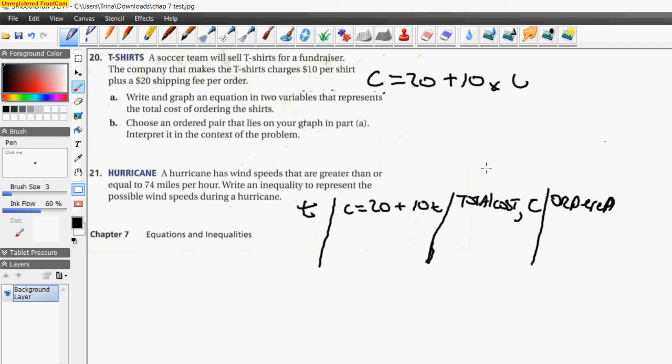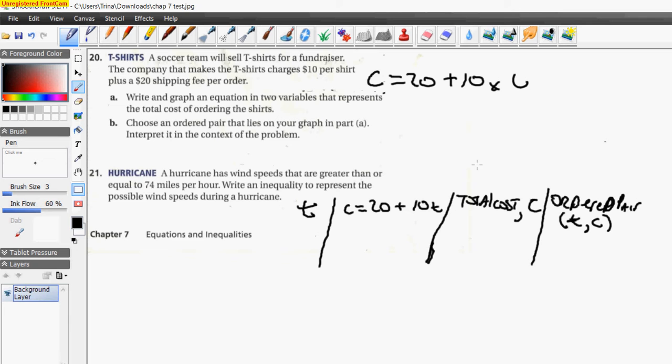Oops, I'm sorry, I made a P instead of a D. Ordered pair. And I'm going to put this down so you'll know exactly what that means. That would be the T, and the C. And I'll put them in parentheses so you all can definitely see what's going on. So that's what that is.